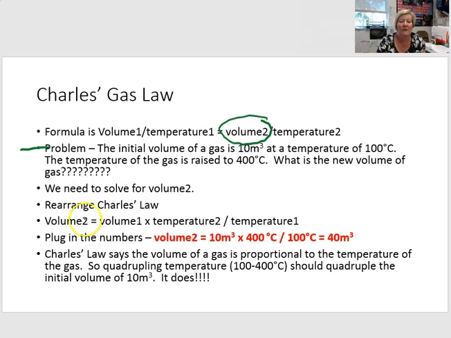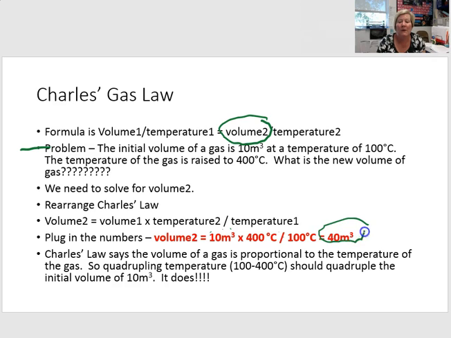And when you do that, volume 2 is equal to volume 1, or V1, times T2 divided by T1. Plugging in those values, the initial volume, 10 cubic meters, times the final temperature, temperature 2, 400 degrees Celsius, divided by the initial temperature, temperature 1, 100 degrees Celsius, and you get 40 cubic meters.